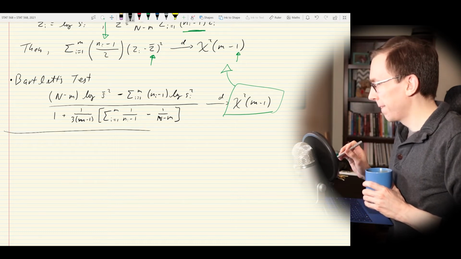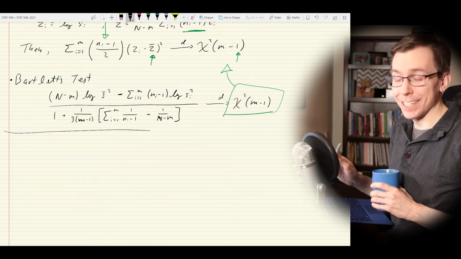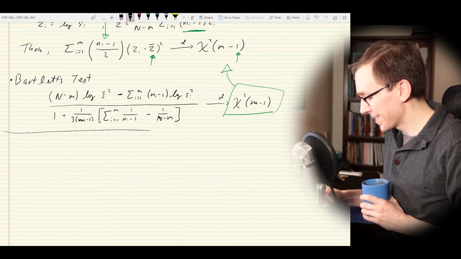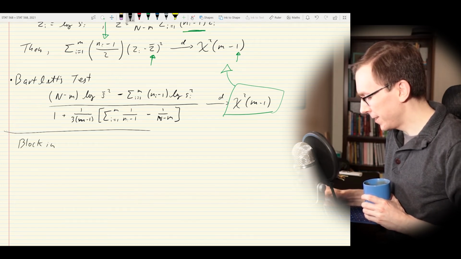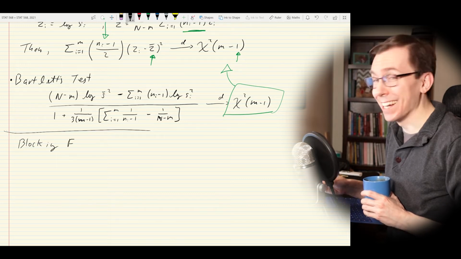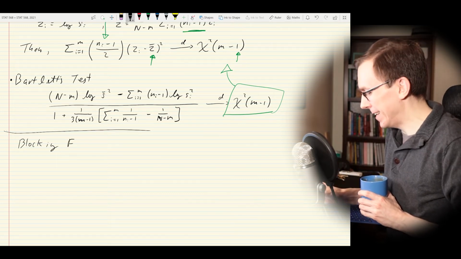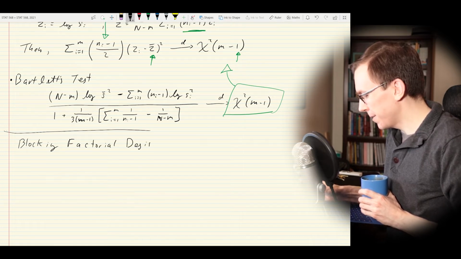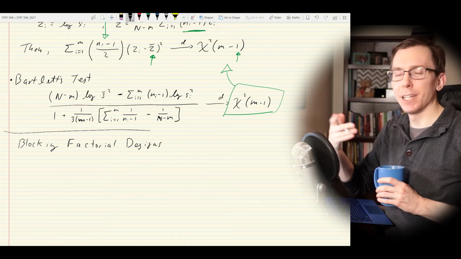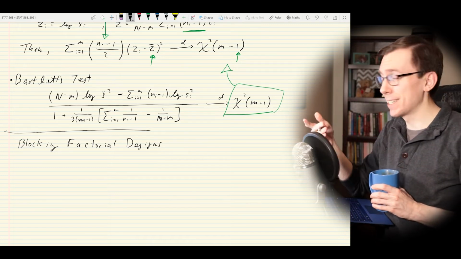Anyway, we're moving on to the next section, which is blocking with factorial design. So this is the last thing we're going to do before we jump into the dreaded fractional factorial designs and things start to get kind of crazy. But what we need to do is figure out how we are going to add blocking factors to our factorial design.